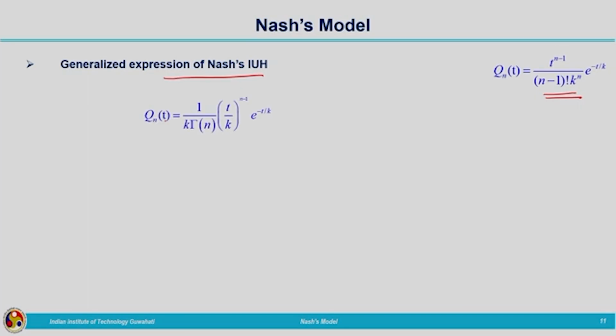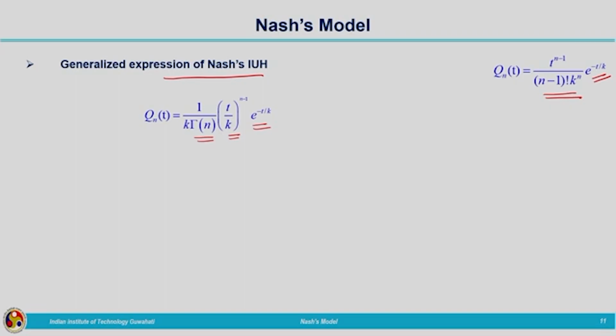So, Q of t can be written as Q of t is equal to 1 by k, gamma n, t by k to the power of n minus 1, e to the power of minus t by k. Here e to the power of minus t by k is there, t to the power of n minus 1 is there, divided by k to the power of n. What we have done is write k to the power of n as k multiplied by k to the power of n minus 1, with t and k combined together.